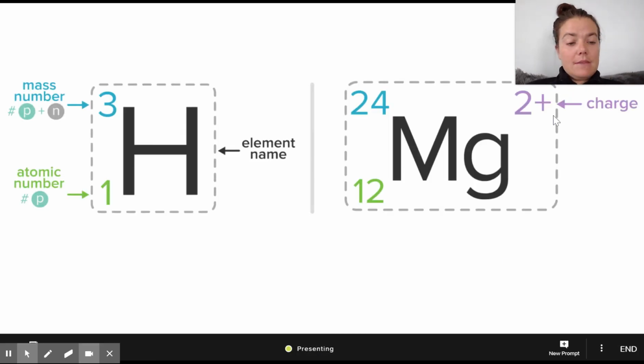Just by knowing the protons and this +2 charge, you can figure out how many electrons it has. We're going to spend more time with this next week, and you're going to explore it in your 2 assignments. But if it has 12 protons and a +2 charge, that means there are 2 more protons than there are electrons. So there's got to be 10 electrons.